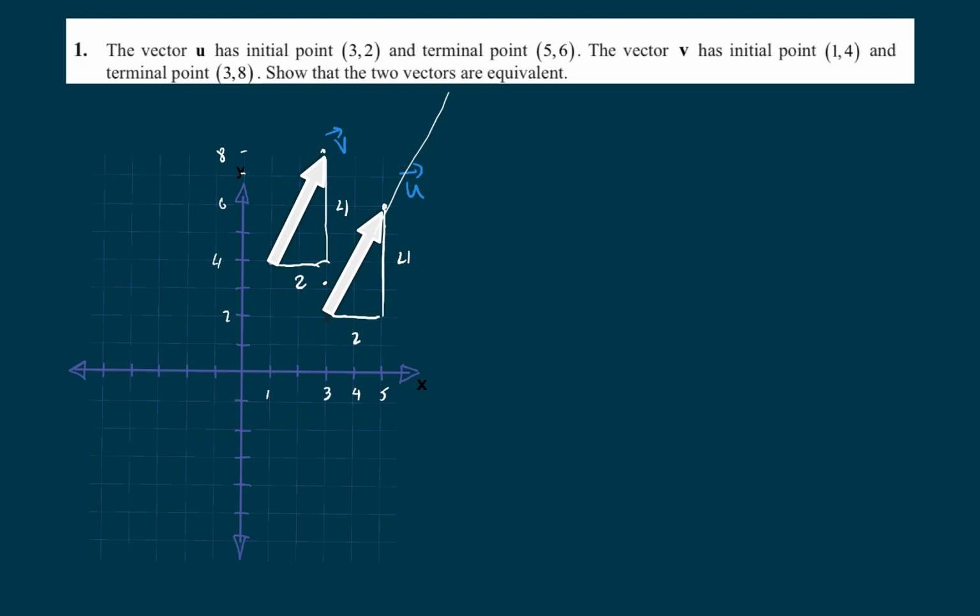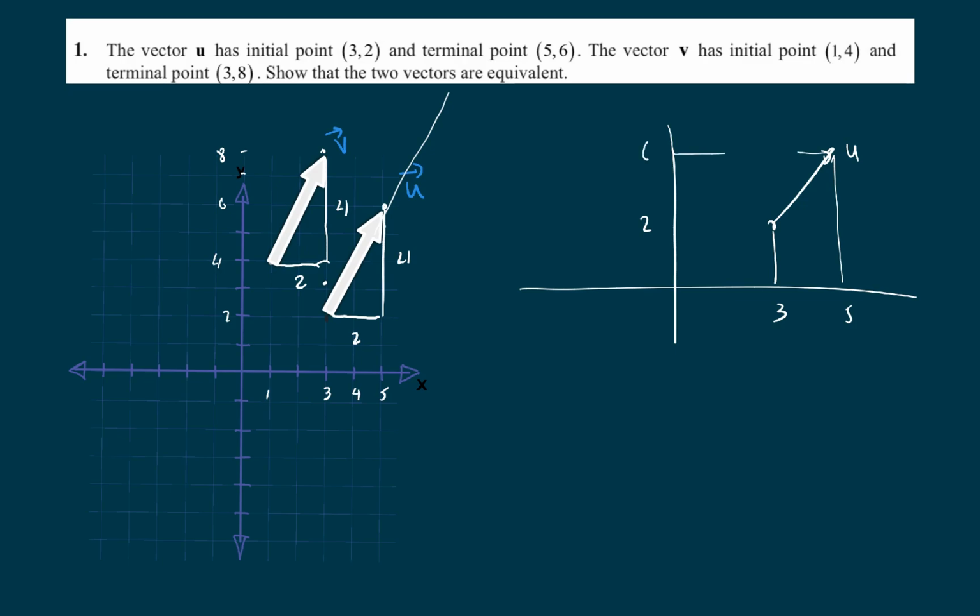So the question now is how to obtain u. U is obtained by this theorem. Wherever you have a vector u, here u is the vector that goes from 3, 2 to 5, 6.